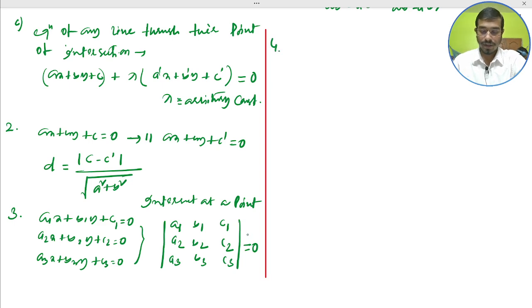Next, equation of the bisector of the angle between two intersecting lines. The two lines are ax plus by plus c equal to 0 and a dash x plus b dash y plus c dash equal to 0.